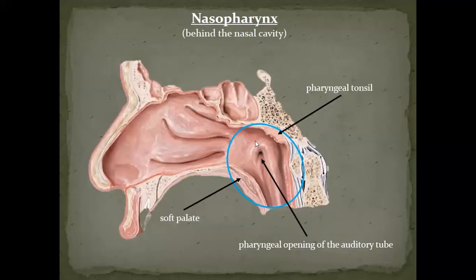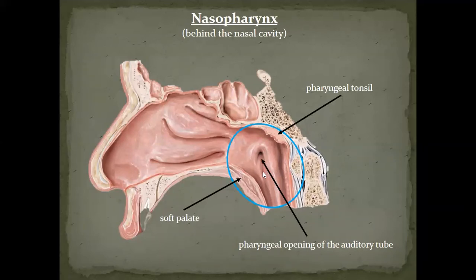In the nasopharynx, so the uppermost part of the pharynx, which is found behind the nasal cavity, we have an important opening, and this is called the pharyngeal opening of the auditory tube, or eustachian tube.